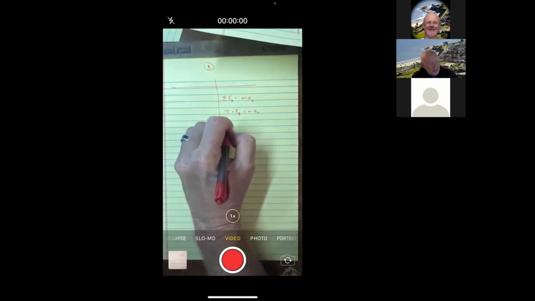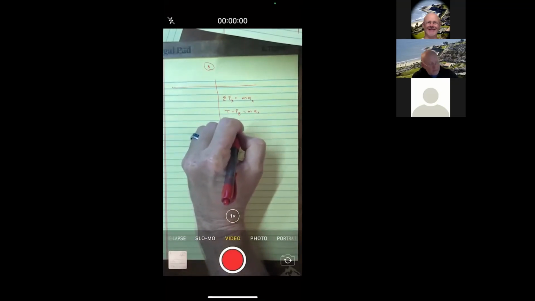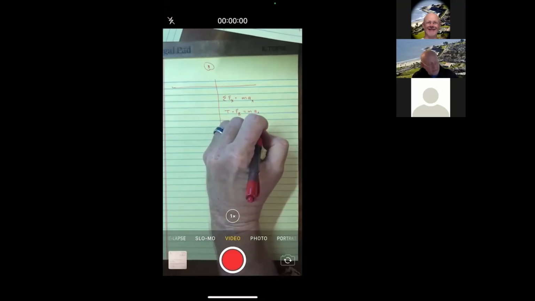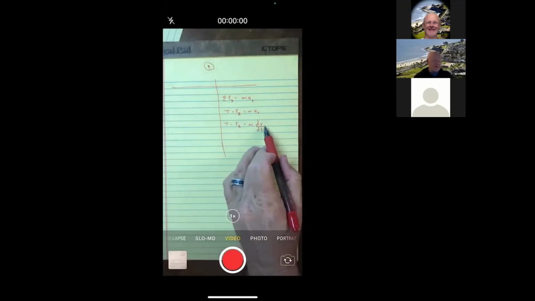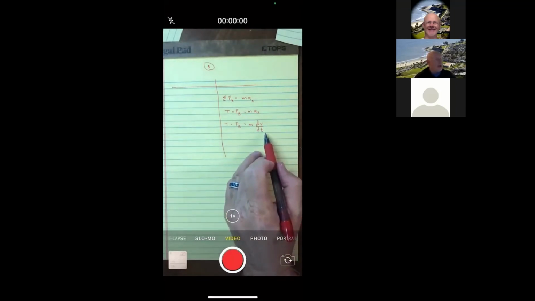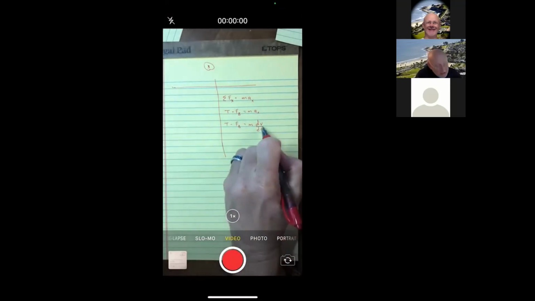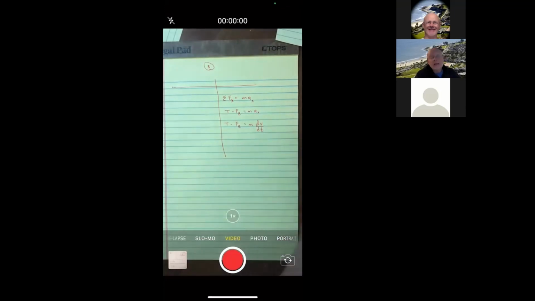Now, the reason that can be useful is because the acceleration does have velocity in it. And that is the point of this question. The question says, derive an expression for the speed. So I want to solve for this, so I need to solve a differential equation.